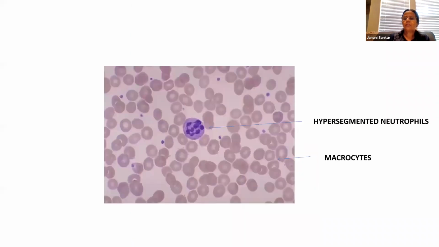There were hypersegmented neutrophils and macrocytes in the corresponding peripheral smear that we ordered, and we made a diagnosis of megaloblastic anemia. The message that I want to convey through this case is that megaloblastic anemia is an underdiagnosed condition. I see a lot of children getting diagnosed now because of our city pediatric meets in Chennai, where we discuss difficult cases every third Wednesday.